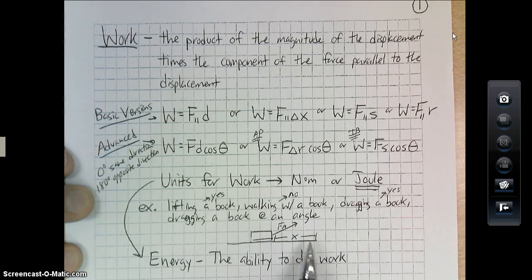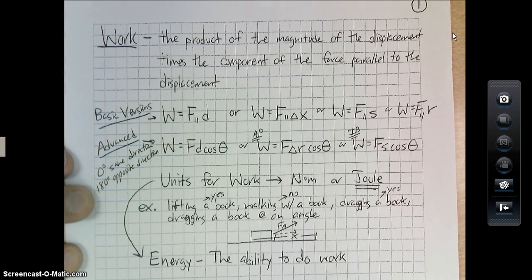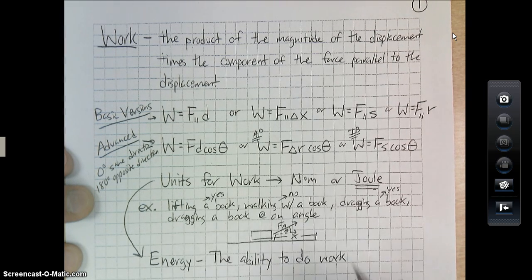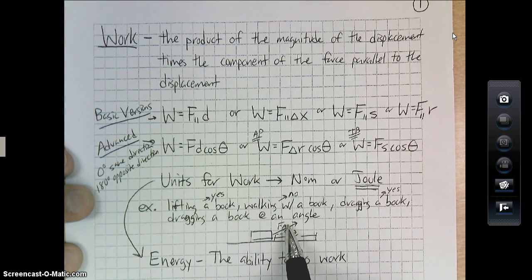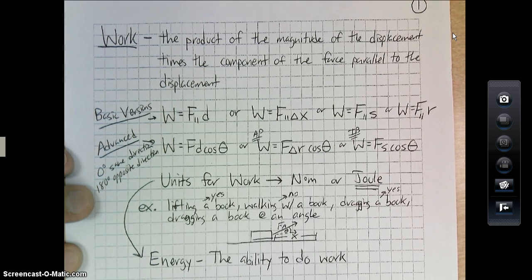It's going to move a certain distance, meaning there's a component here of that force that is parallel in the same direction as the displacement. And now you can kind of see where that angle would come back in handy. Whatever this force is, if I want this component, it's the adjacent side of this triangle. Therefore, it's the cosine of the angle. That'll give me that particular component force.